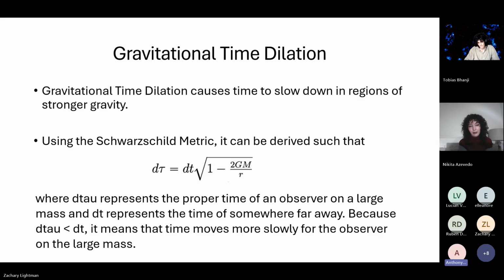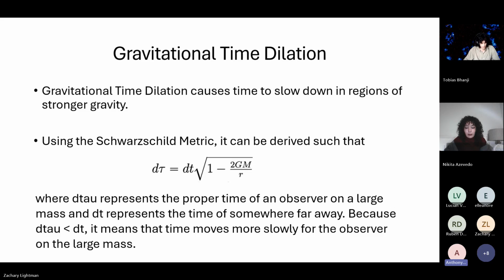Another phenomenon is gravitational time dilation, which causes time to slow down in regions of stronger gravity. If you imagine a bystander on a large mass, and we're visualizing a faraway moving object, this phenomenon makes time for the observer slower than somewhere far away.